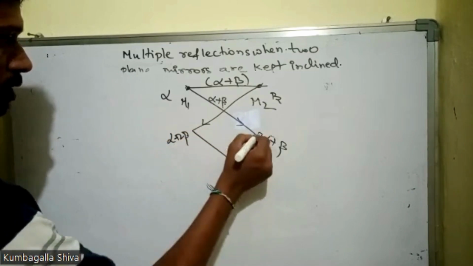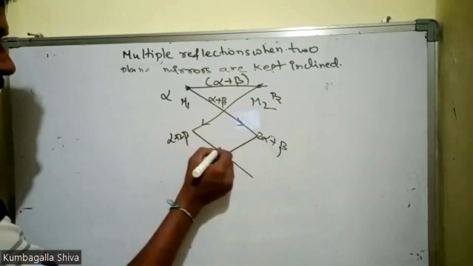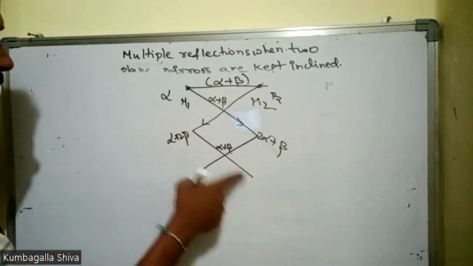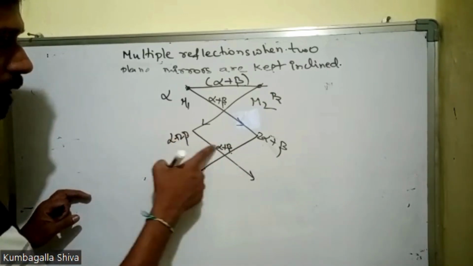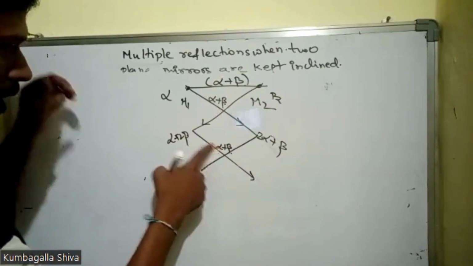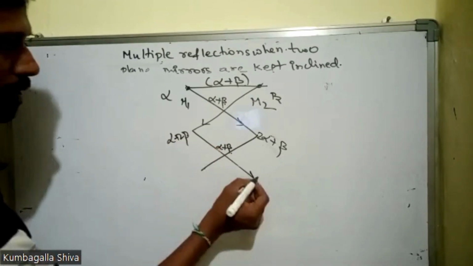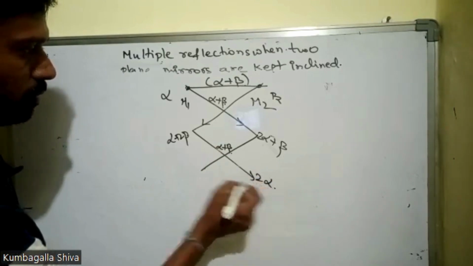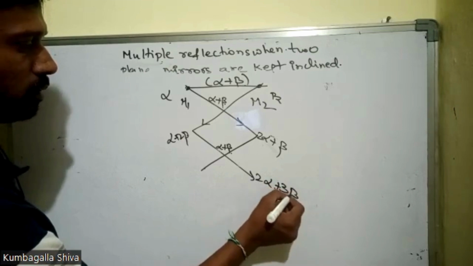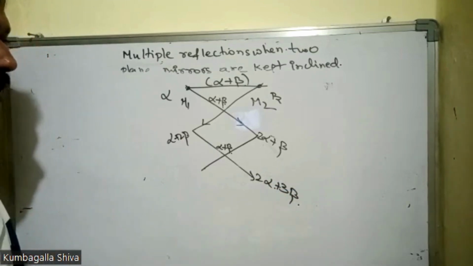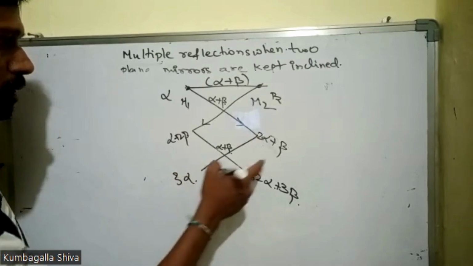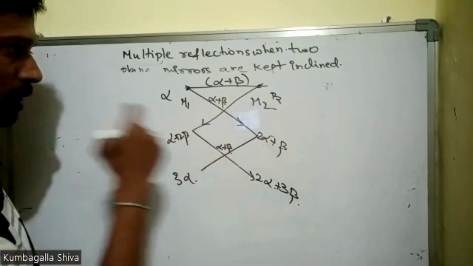Now again crisscross. This side, again you have alpha plus beta only. Now when you see this side, alpha plus alpha, 2 alpha, 2 alpha plus beta. How much are you getting? 3 beta, right? This side, 2 alpha plus alpha, 3 alpha. And this side you get how much?